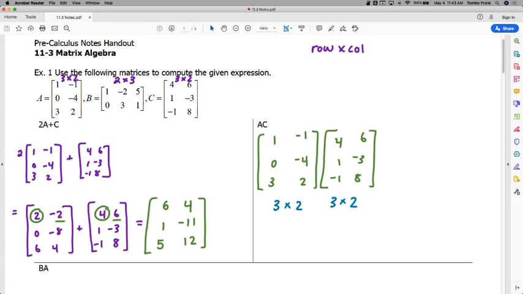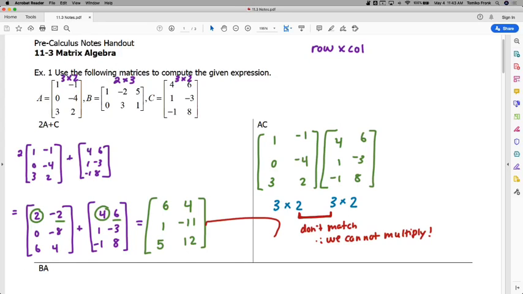We're only allowed to multiply if, when you write out the sizes of the matrices, the inside values are the same. So because 3 and 2 don't match, we cannot multiply these matrices. That's it. There's no answer. Can't multiply A times C because the inside values do not match.